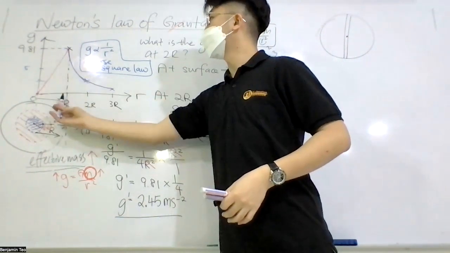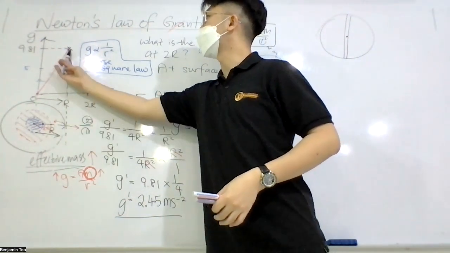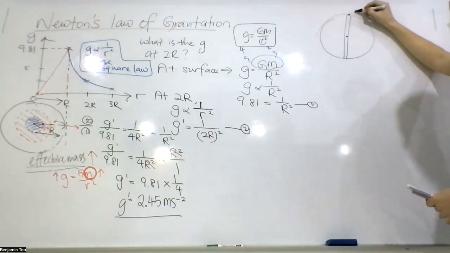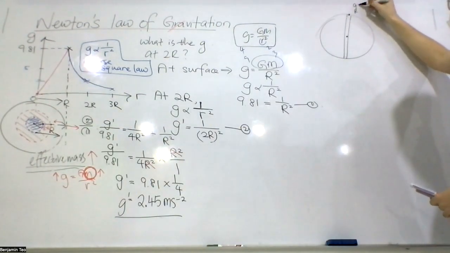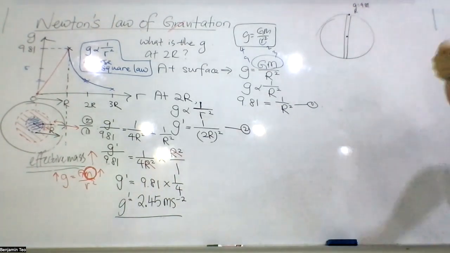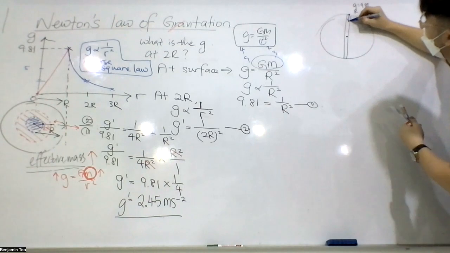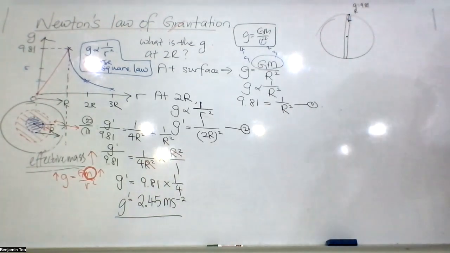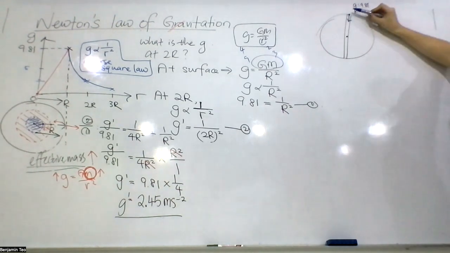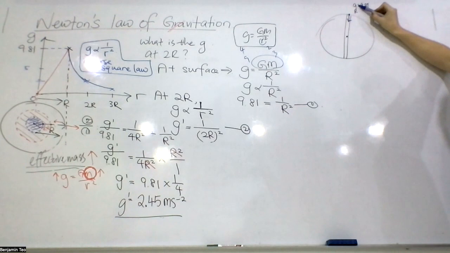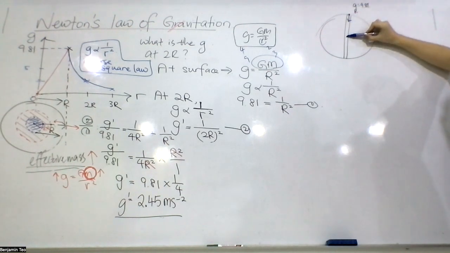You see, at the surface, what is your G? 9.81. Where is it acting? Towards the center. Acceleration is pulling you towards the center. Here, I drop you. You fall with an acceleration 9.81 towards the center.